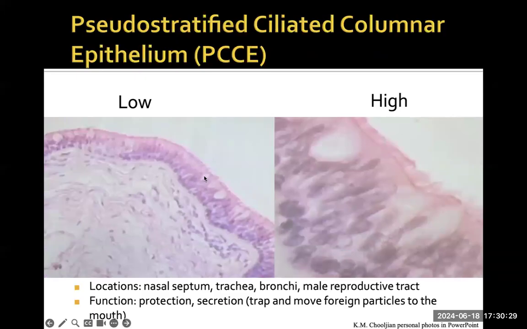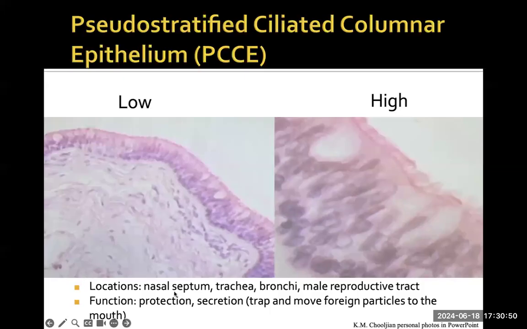Next one is PCCE. You guys can hopefully identify. I know that the nuclei are pretty lightly stained here, but it'll be a lot better in person. You can identify the nuclei that are kind of jumping up and down. They have this hairy-like structure on the apical surface, and then they have those white pockets, which are goblet cells. That tells you it's PCCE.